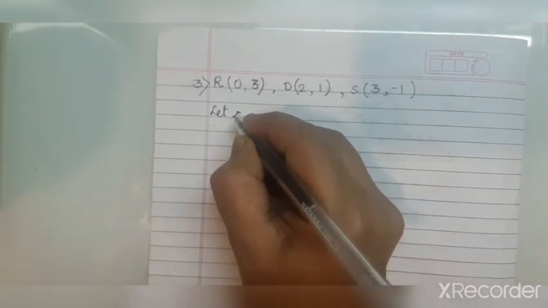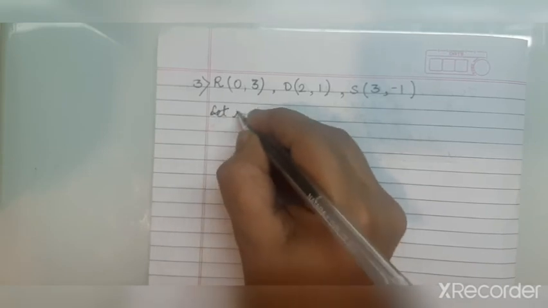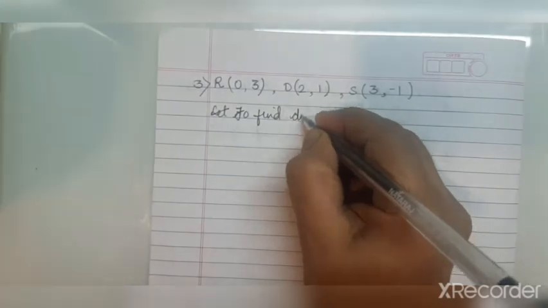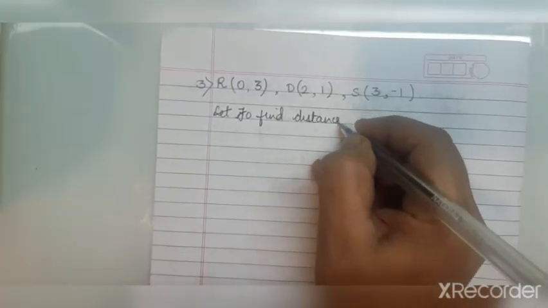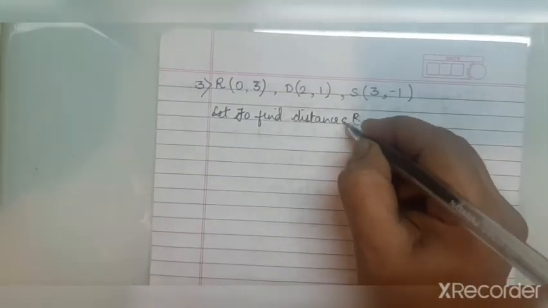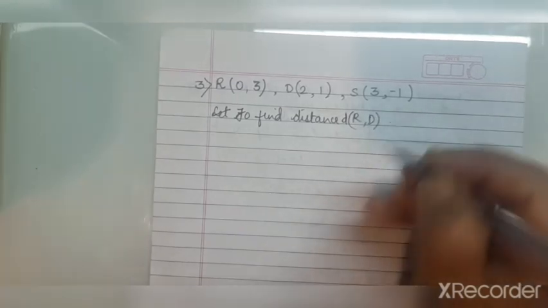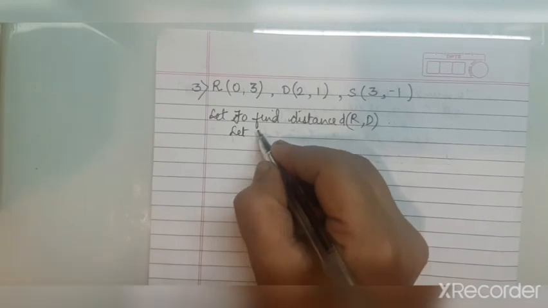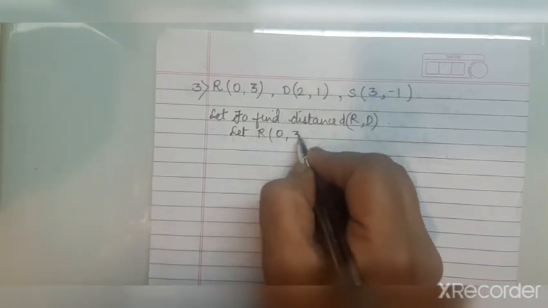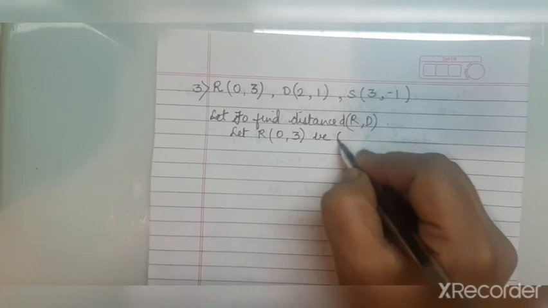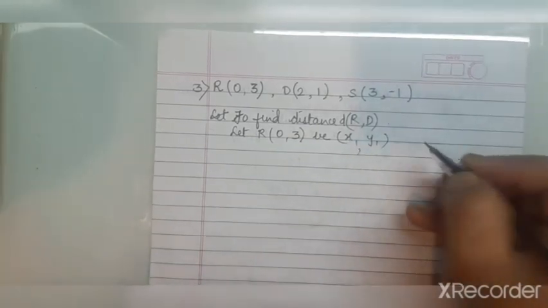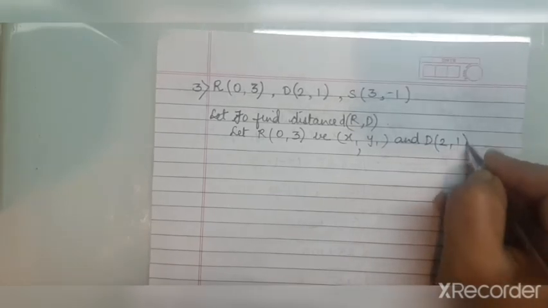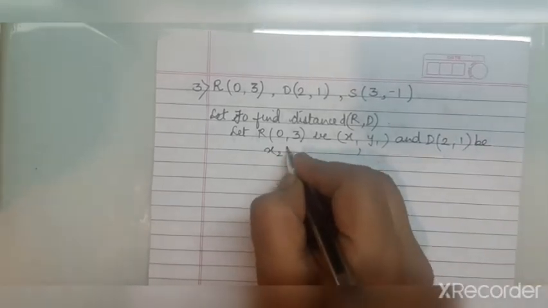In order to find distance, which distance will we find first? RD we'll find. To find distance RD, we will assume, let the point R (0, 3) be x1 y1 and the point D, which is (2, 1), be x2 y2.